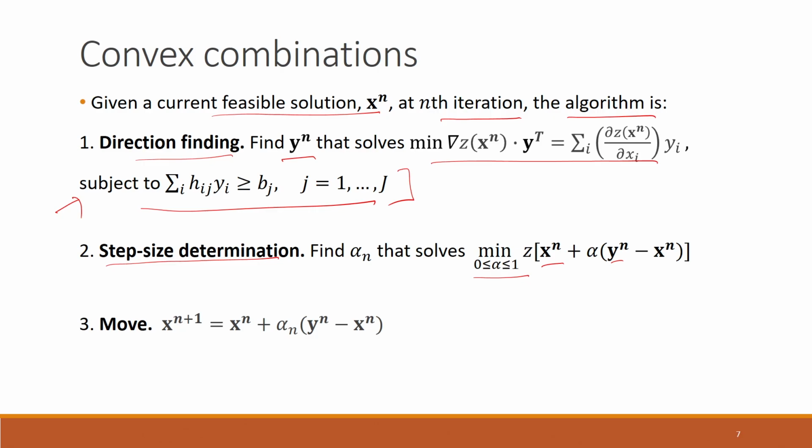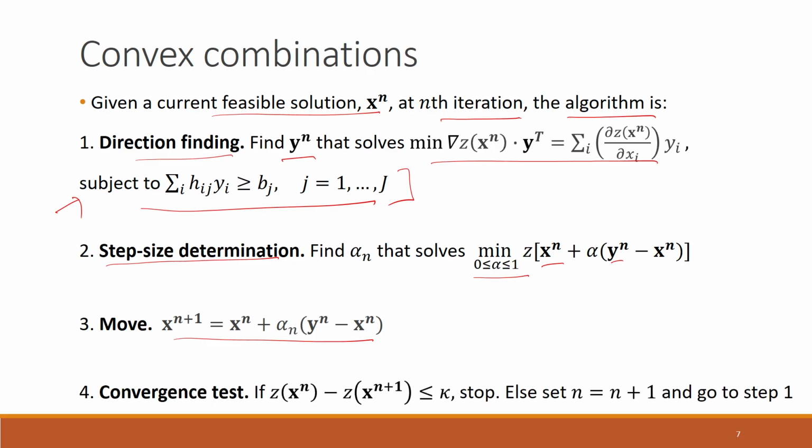Once we have alpha and yn, we can plug them into this equation and get xn plus 1. Now we can have a termination criterion or a convergence test.